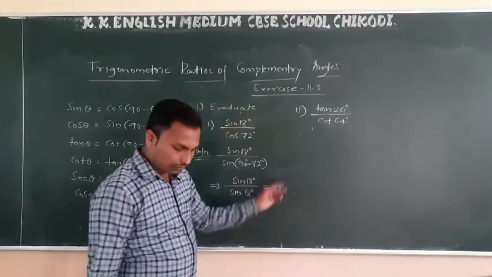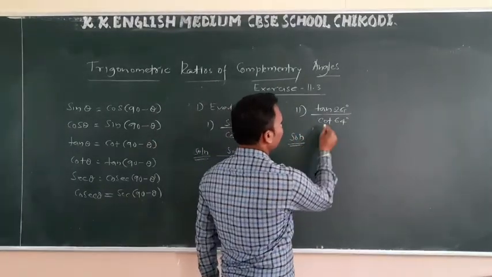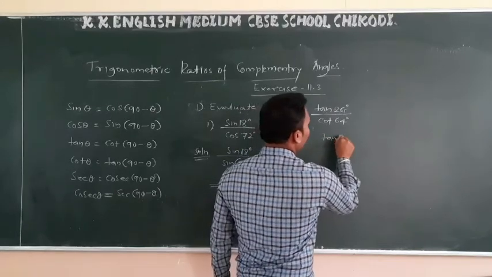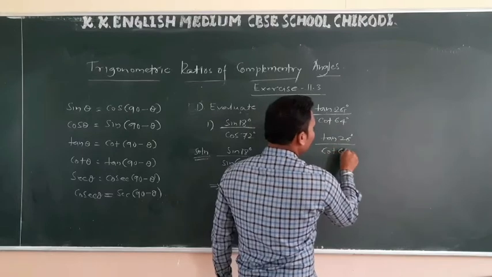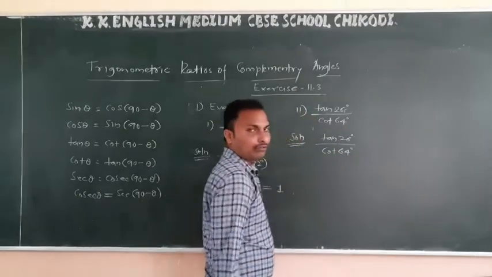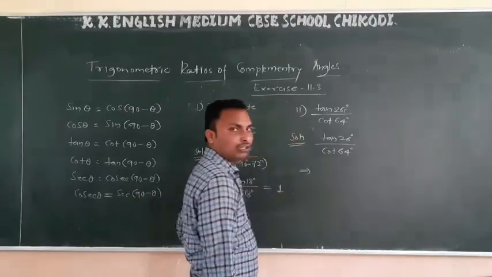This is your second question, a very simple solution for this. First of all you can write the given tan of 26 degree divided by cot of 64 degree. Once you write it, let me convert the denominator.